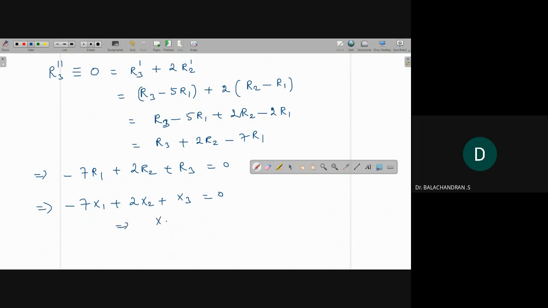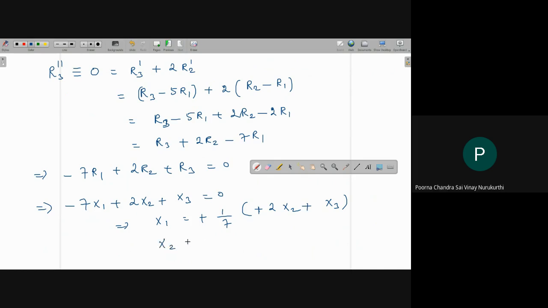What is X1? X1 equal to minus 1 by 7 into 2x2 plus x3. What is x2?